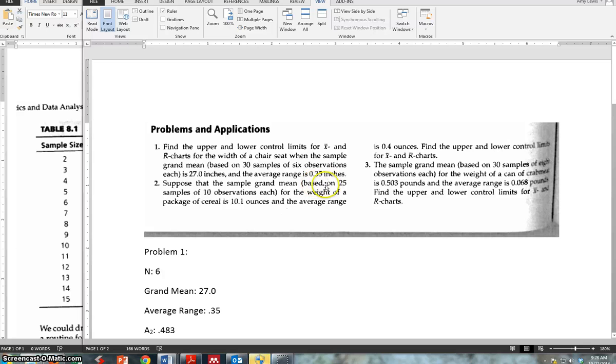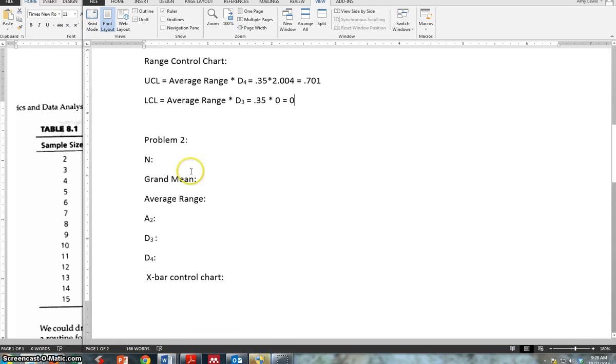Problem 2, my sample size, those 25 samples isn't what I'm worried about. It's the 10 observations each. So my n is going to be 10. My grand mean, 10.1. Average range, 0.4. So let me go ahead and move those down here. So n is 10. Grand mean, 10.1.